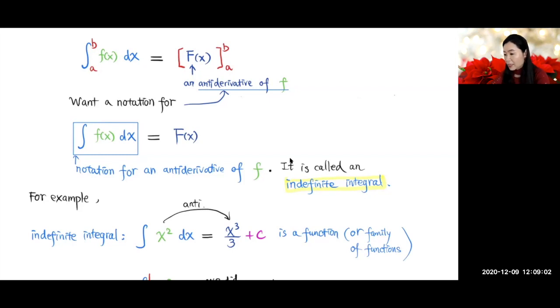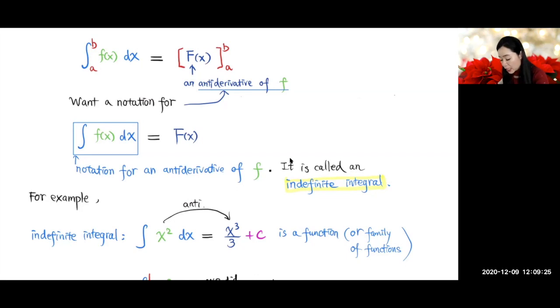Okay. Now, over here, you find an antiderivative of the small f function, and then you evaluate this from a to b, right? So this stands for an antiderivative of this small f function. How about we take away the a to b?